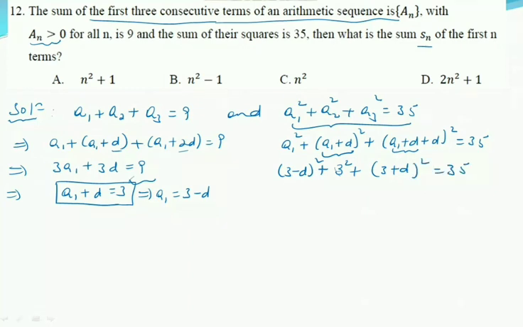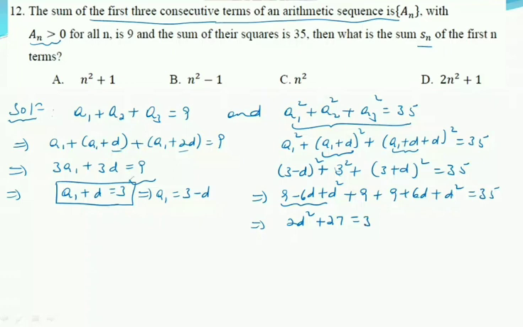So this implies 9 minus 6d plus d squared, plus 9, plus 9 plus 6d plus d squared is equal to 35. Collecting like terms, we have 2d squared plus 27 is equal to 35.